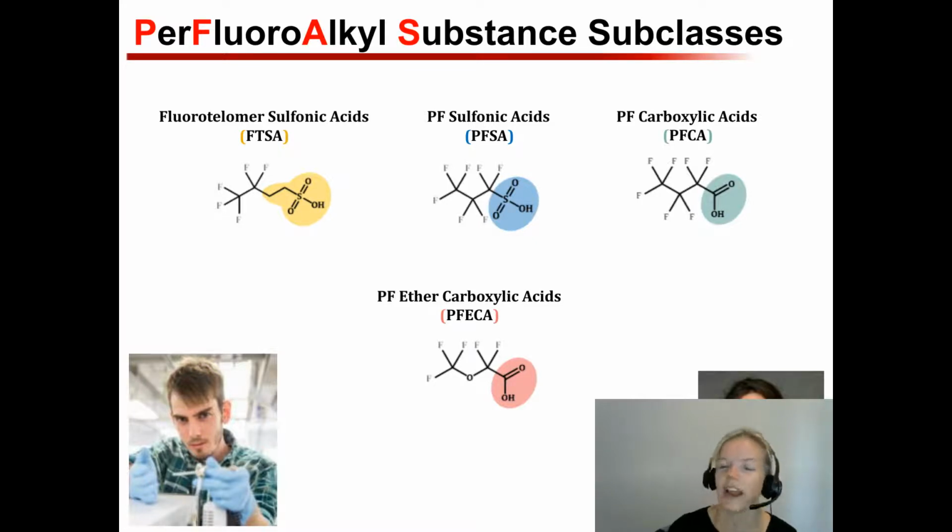You can see there's different head groups on these four subclasses that I'm noting here. The PFCAs are the most similar to our fatty acyl groups because fatty acyls have a carboxylic head group and just have hydrogens where all of these fluorines are in the PFAS. So we wanted to see in our M/Z versus CCS trend lines, are we seeing a difference between lipids and these PFCAs?